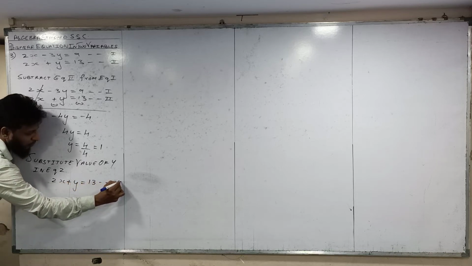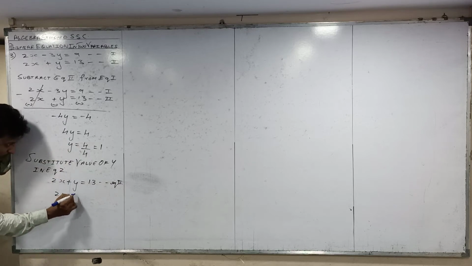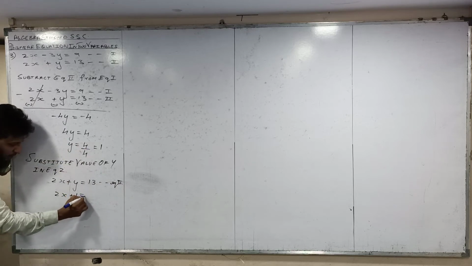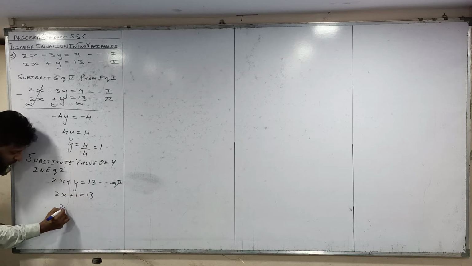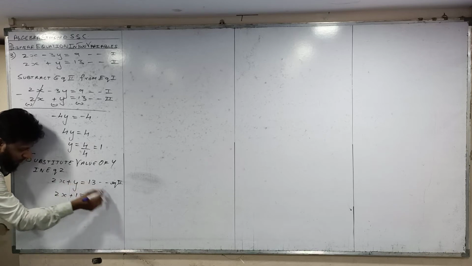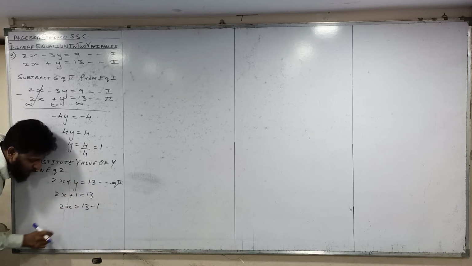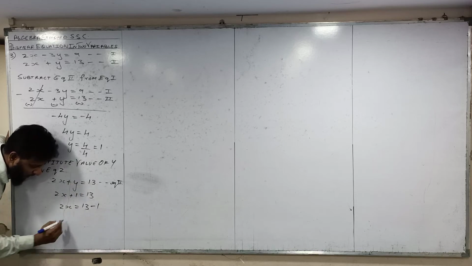Now we substitute this value: 2x as it is plus the value of y is 1 is equal to 13. 2x as it is, 13 as it is, plus y will go to the right hand side, so plus y will become minus y when it goes to the right hand side.